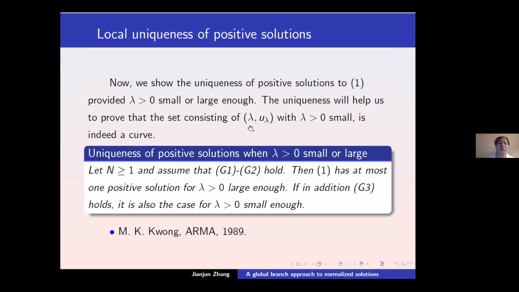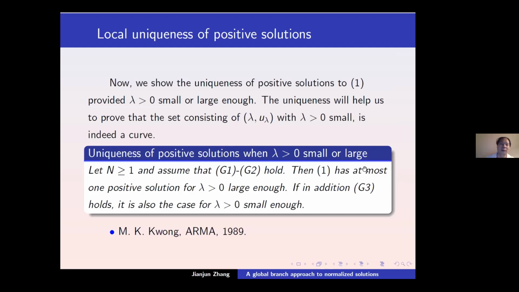The following result shows the uniqueness of the problem near the origin and or infinity. Just like what I mentioned a few moments ago, we first show the existence of normalized solutions near the origin and or near infinity.